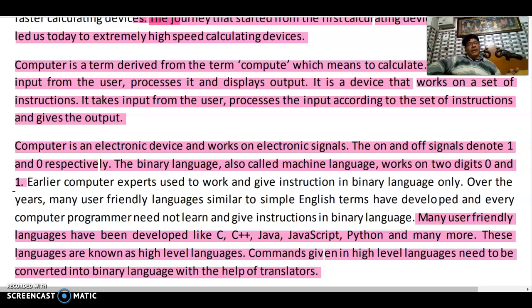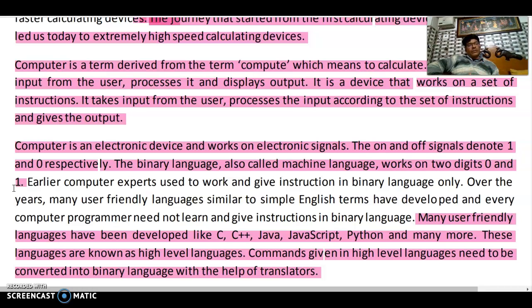Java too. We give the instruction in terms of English, but the computer does not understand it. The computer only understands 0 and 1. Therefore we need software which will convert this English-like language into the binary language or machine code. That is called a compiler or interpreter.